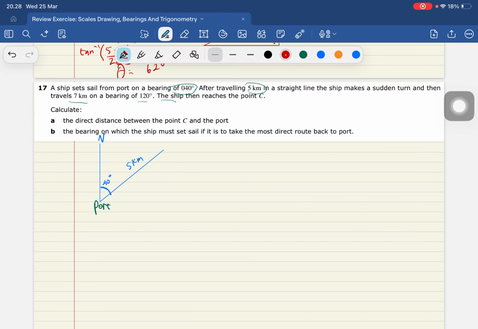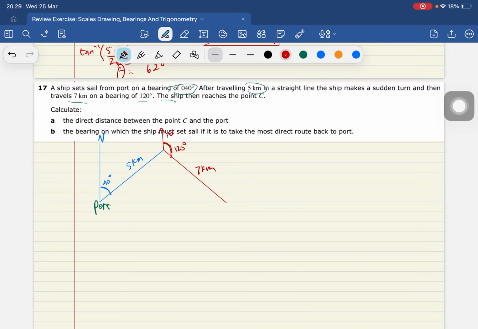Next turn is 120, so make the north line again for the bearing. We make it until 120 degrees. You need to use a protractor. This is 7 km.